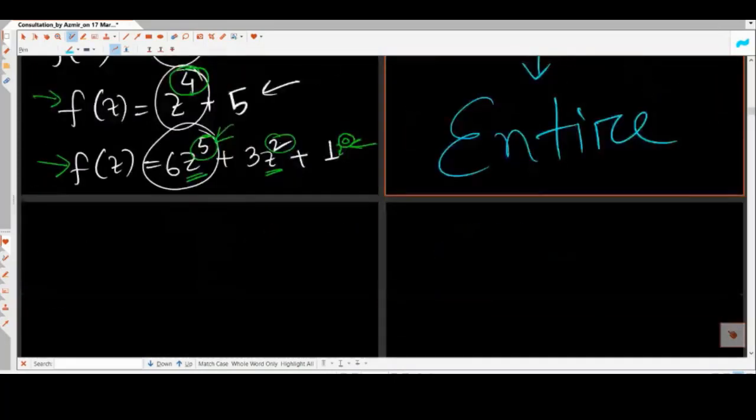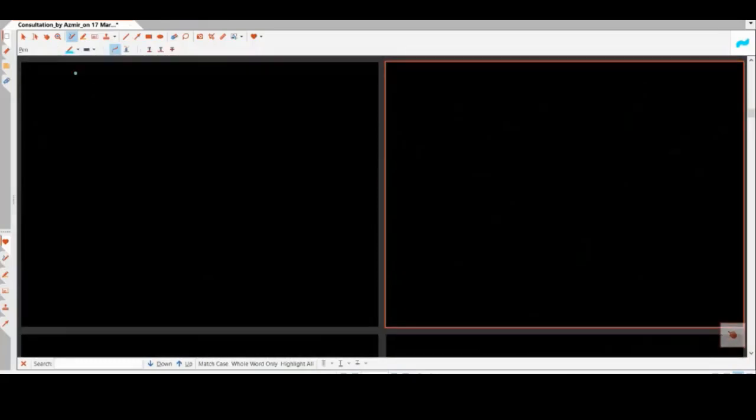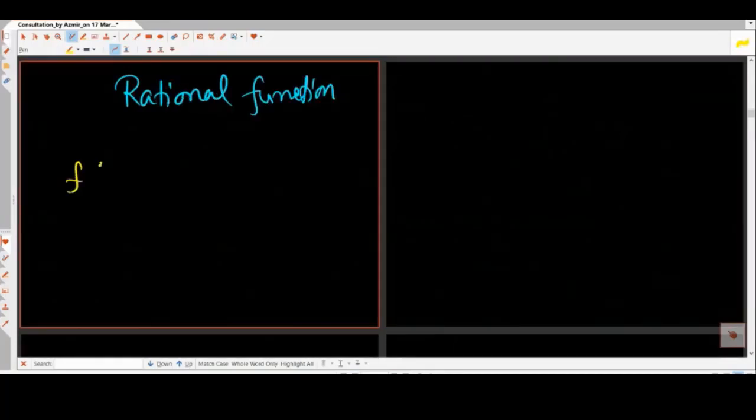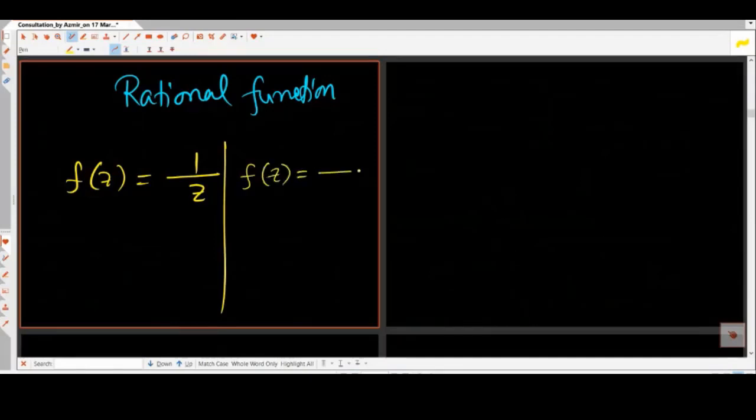So now let's talk about another function which is called a rational function. For example, we can think about f of z equals 1 over z. We can think about f of z equals z squared over (z minus 1)(z plus 2i).